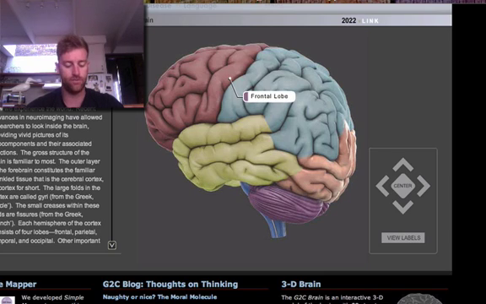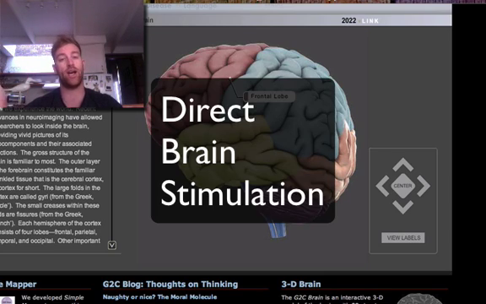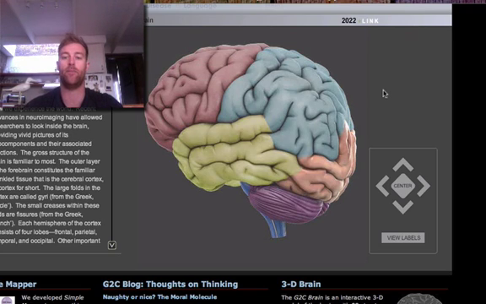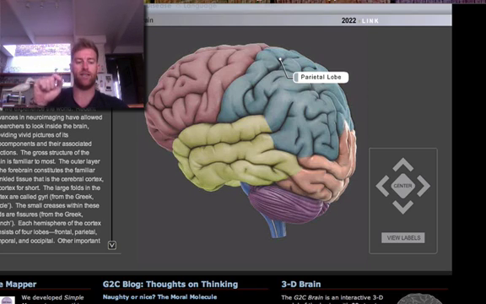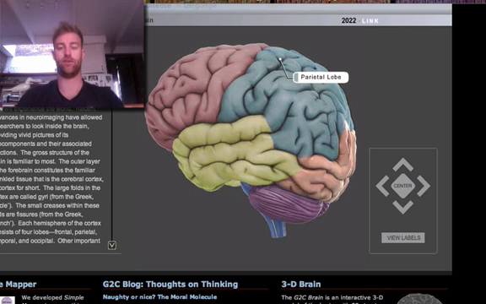A thing called direct brain stimulation or electrode stimulation. What does that mean? People used to be researched on, and what you could do is that you could cut open their head to see the top part of their brain, and you could get a little electrode, like a little pen zapper thing, and you could zap them, I suppose.